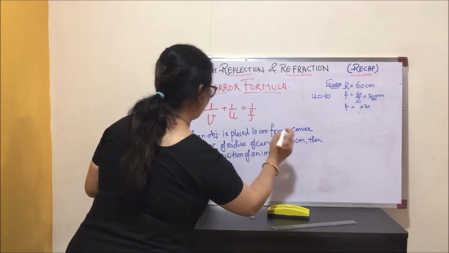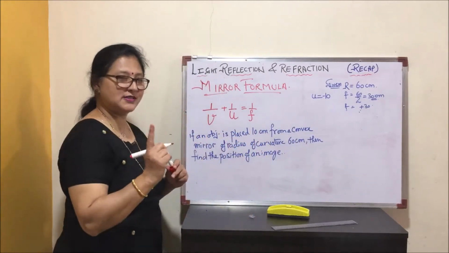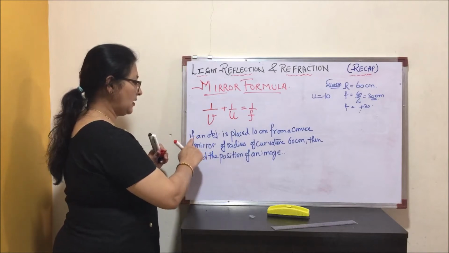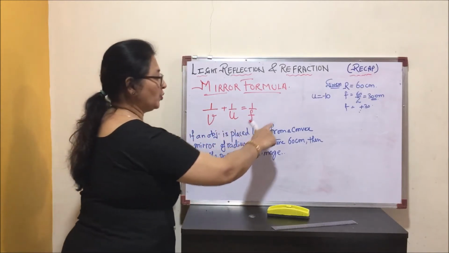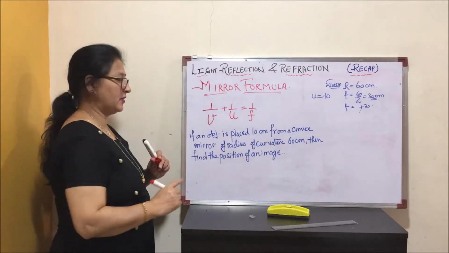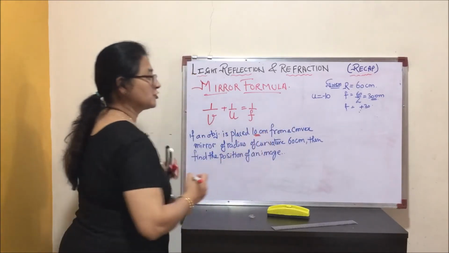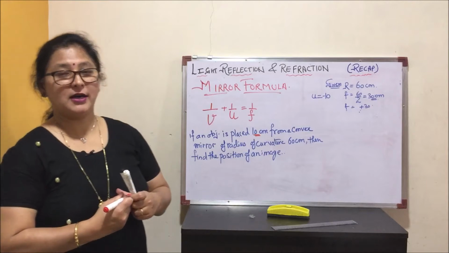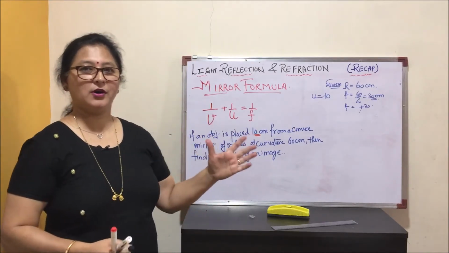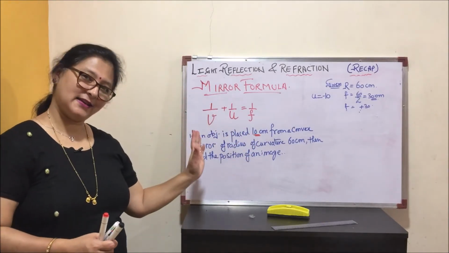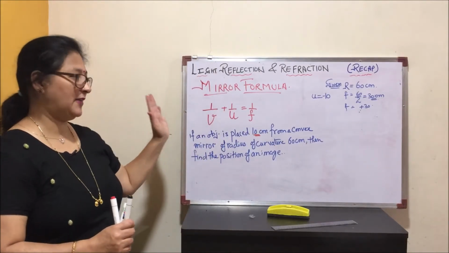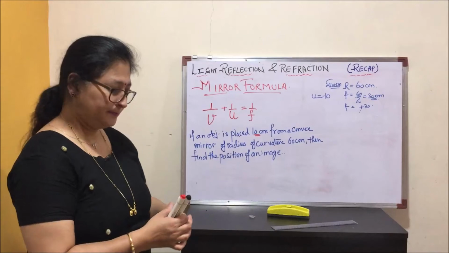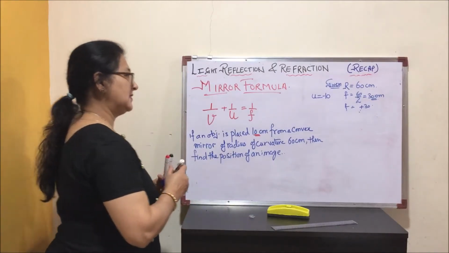Here, the object distance U is given, that is 10 centimeter. As I already told you, U will be considered negative in concave and convex mirror, as the object is always placed on the left hand side. That is why I have taken minus 10 centimeter.